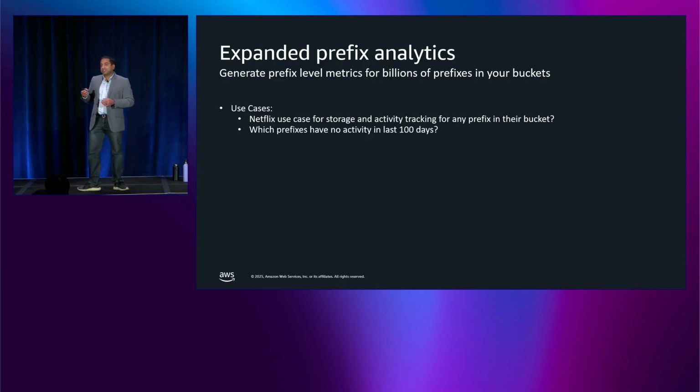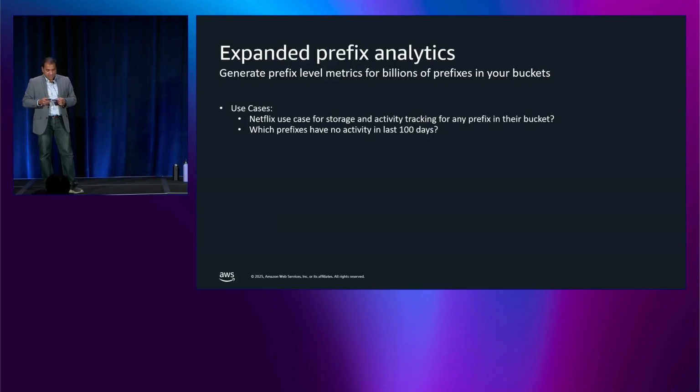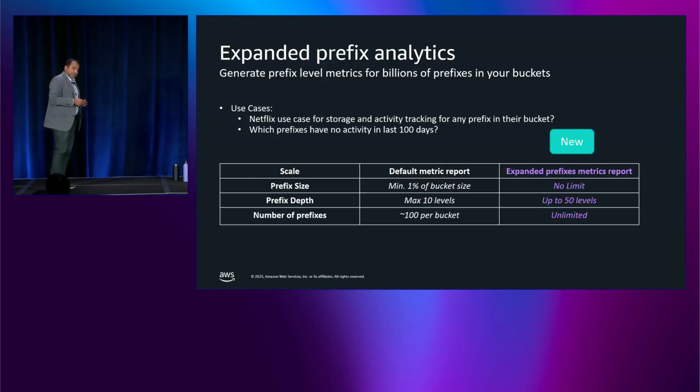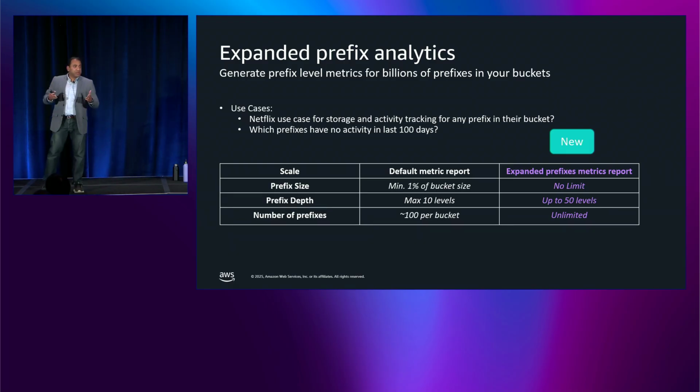Those kind of questions require you to have precise knowledge of each and every prefix and the metrics for each prefix. So yesterday, we launched a new capability. It's called the Expanded Prefixes Metrics Report. This is available in your advanced lens storage tier. It's at no additional charge.